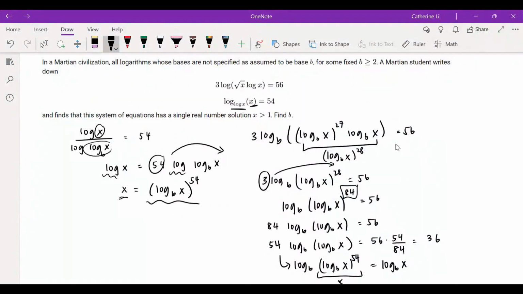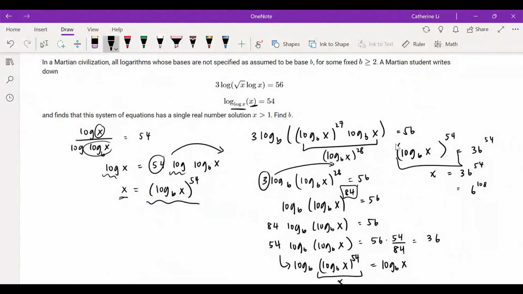So that means that log base b of x to the 54 is equal to 36 to the 54. And now again, we see this x term, and we get exactly what x is. Since 36 is 6 squared, this is just 6 to the 108.